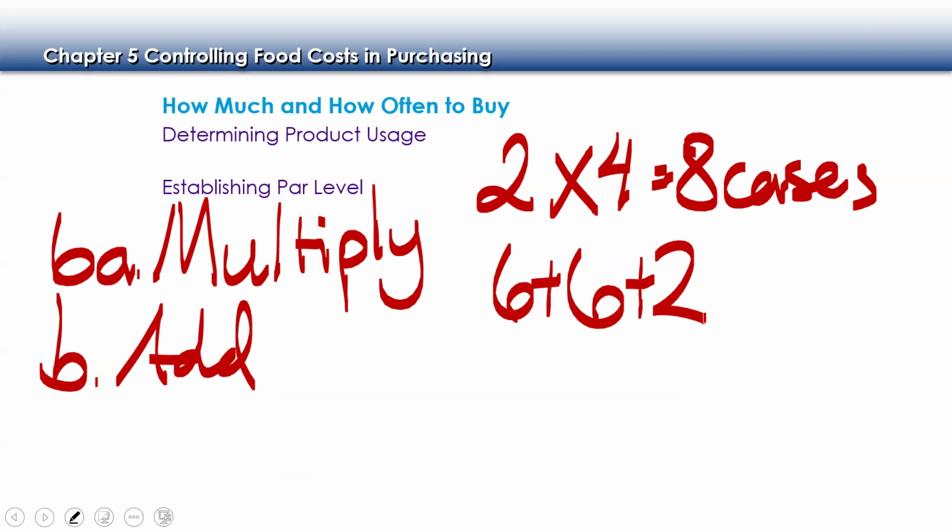So my weekend par is 14 cases. Okay, 14 cases. 6, 6, and 2. I have to add them because they're different each day. Questions, comments, concerns? All right, let's do potatoes.